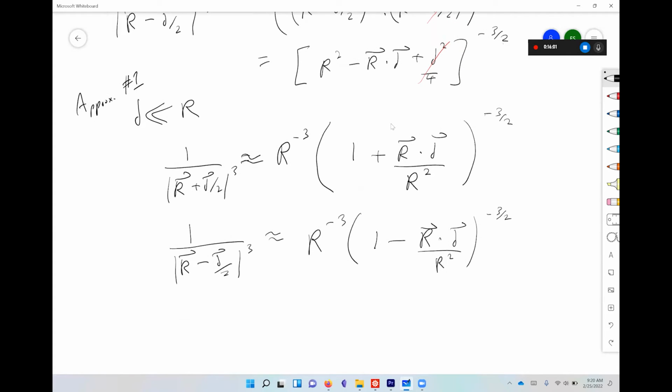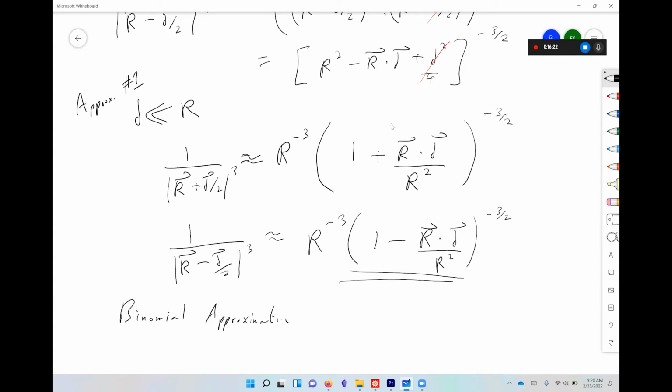The next approximation is we want to approximate this. So we want to use what's called the binomial approximation. Let me remind you what the binomial approximation is.